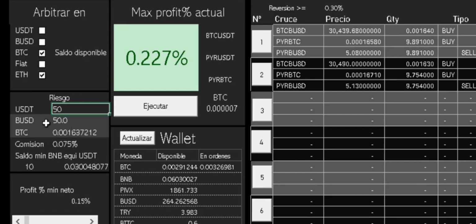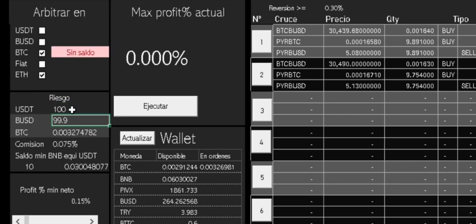There is no need to modify the BUSD or the Bitcoin because it automatically changes according to the amount of risk that I want to place in USDT. It means that the amounts in BUSD and Bitcoin are equivalent to the amount of USDT. If I place 100 at this moment, it will give me the representation of $100 for BUSD and for Bitcoin.